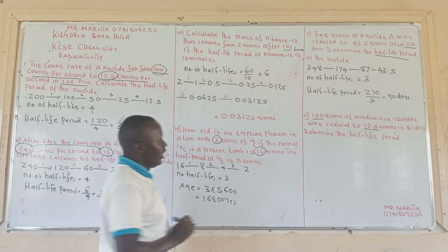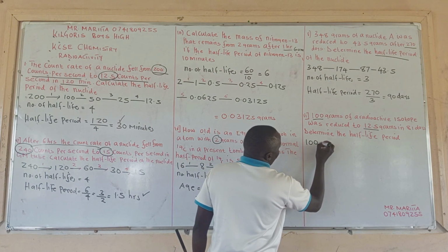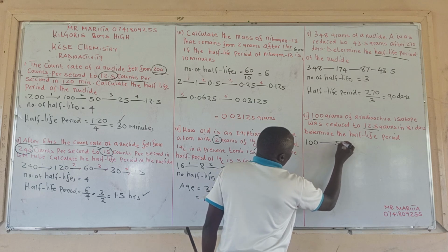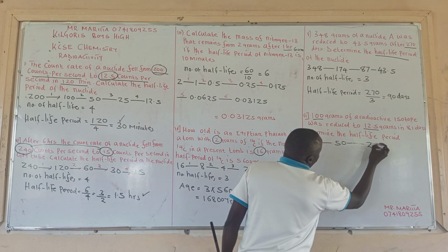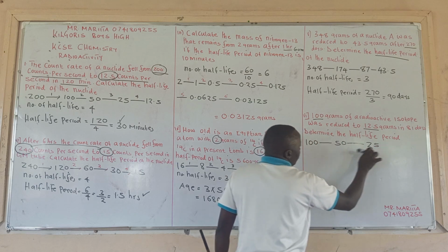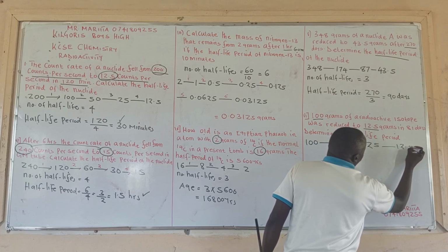So what do we have here? We have 100. 100 divided by 2 is giving us 50. 50 divided by 2 is giving us 25. 25 divided by 2 is giving us our 12.5.